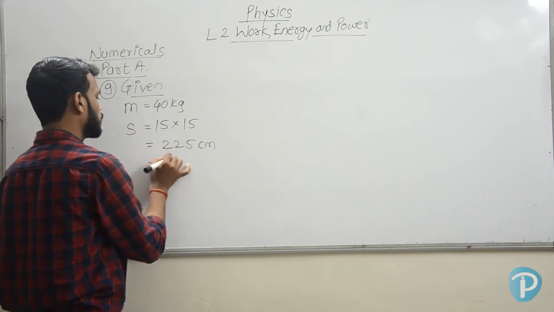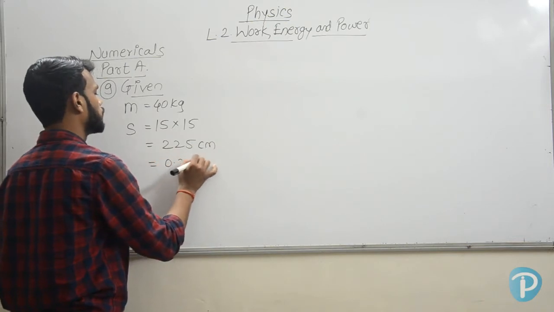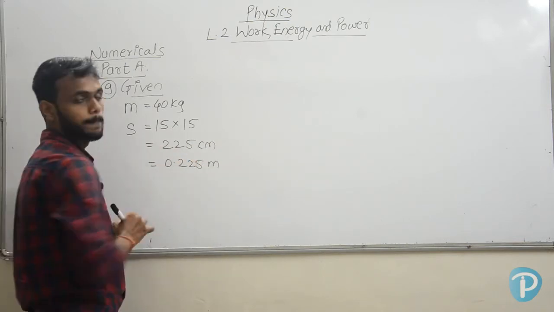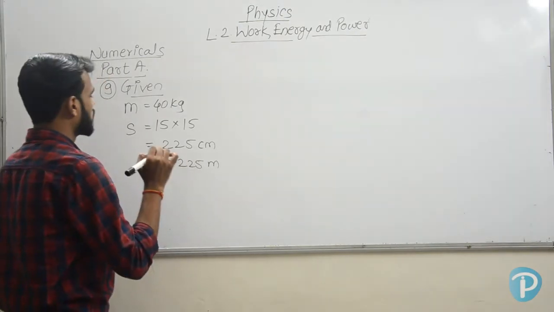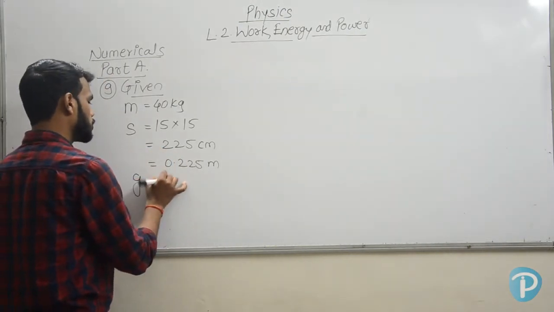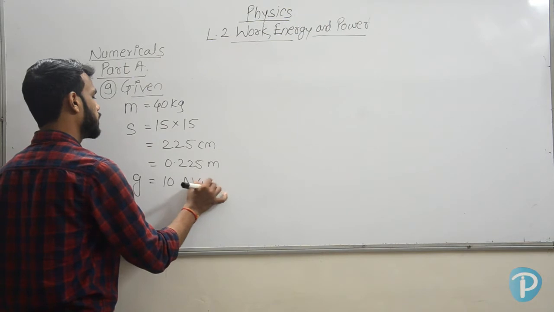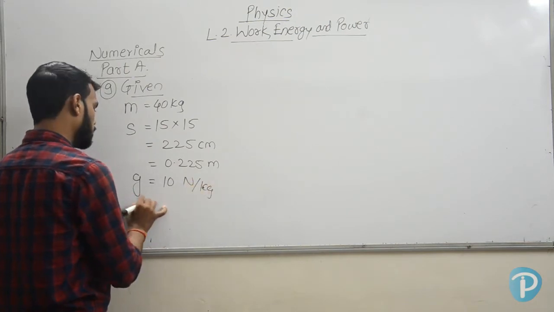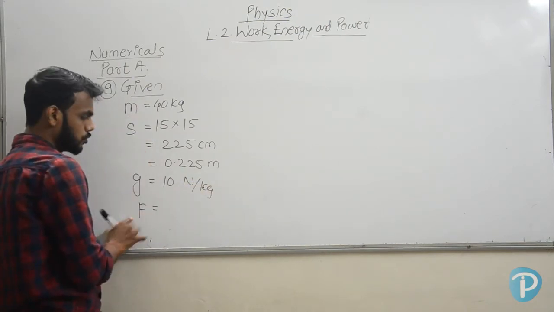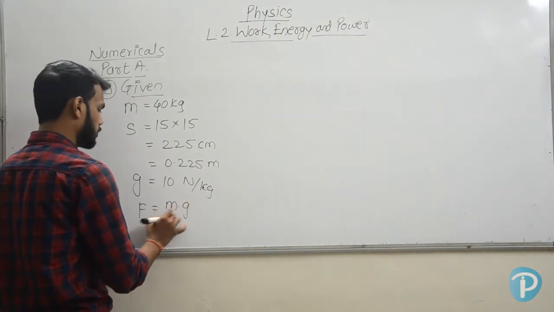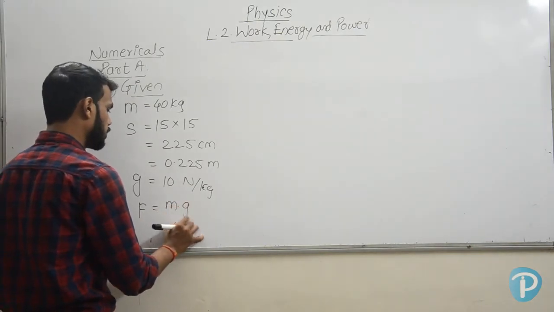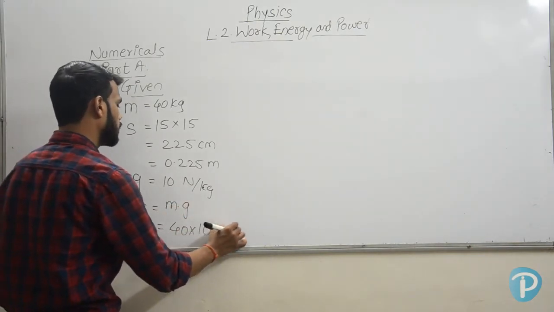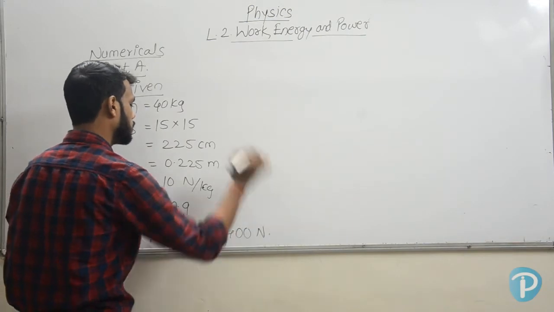If you want to convert into meters, it will be 0.225 meters. After that they have given the value of g also, which is 10 Newton per kg. So we can convert this mass into force as m into g. This will be 40 multiplied by 10, which gives 400 Newton.